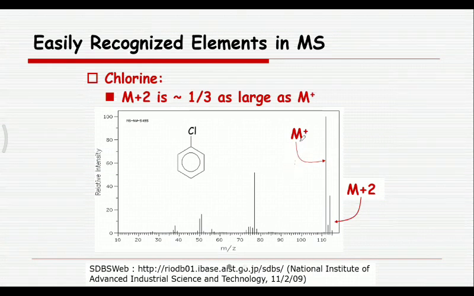If I say chlorine 35 is 3 times, then chlorine 37 is 1 time. Okay, 3:1 in that way. Or you can say M plus and M+2 are in the ratio of 3:1 in the mass spectrum.